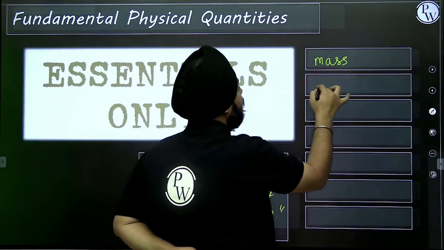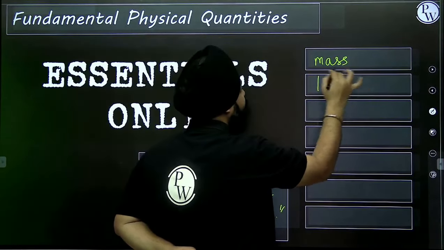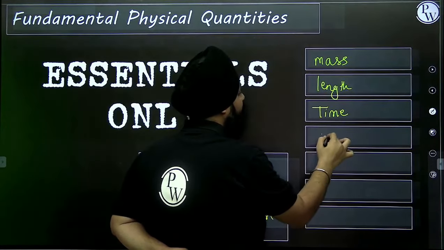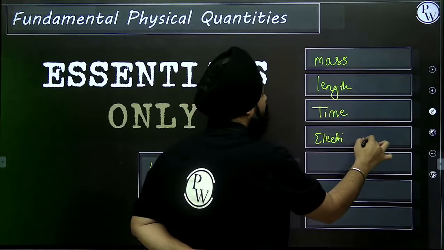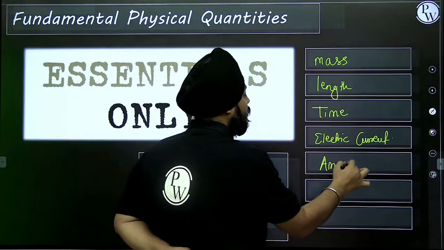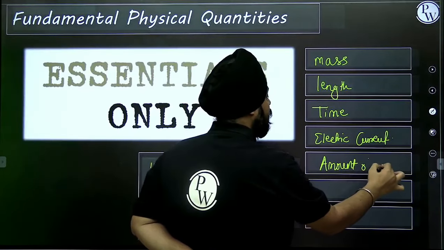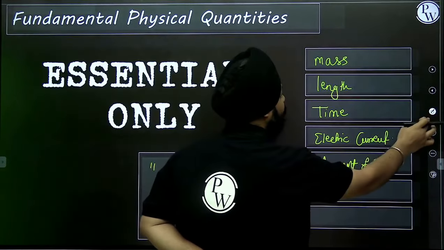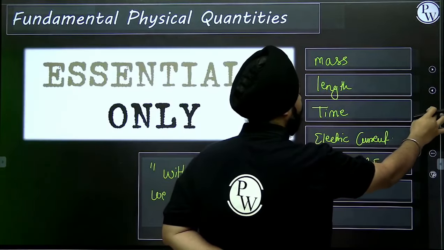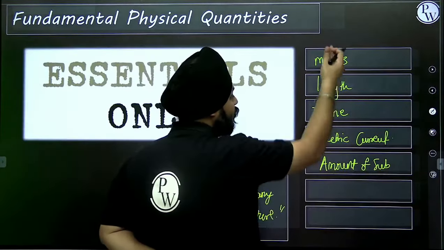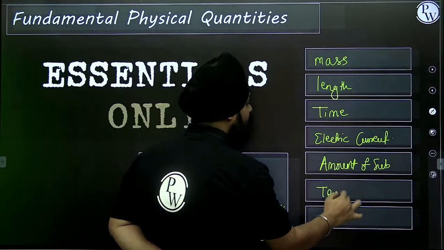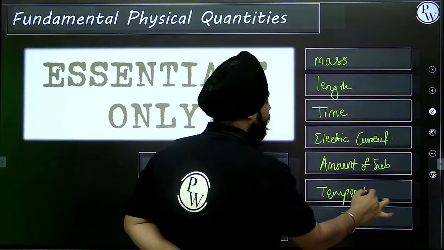First one is mass. Second one is length. Third one is time. Then electric current, amount of substance. I'm extremely sorry, it should be in sequence, but it's okay: amount of substance, electric current, thermodynamic temperature, and luminous intensity.